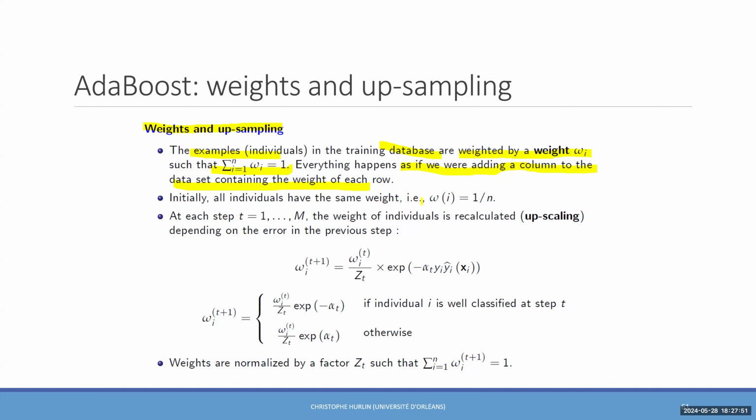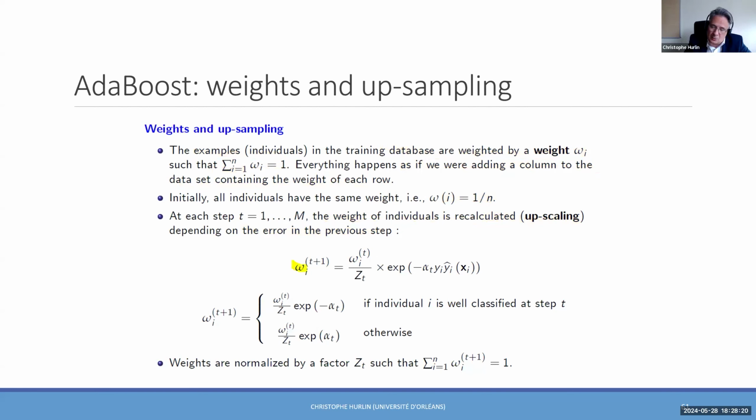Initially, all the individuals have the same weight, and at each step, we recompute the weights. This is an updating phase, depending on the error made at the previous step. And this is the formula for the update.